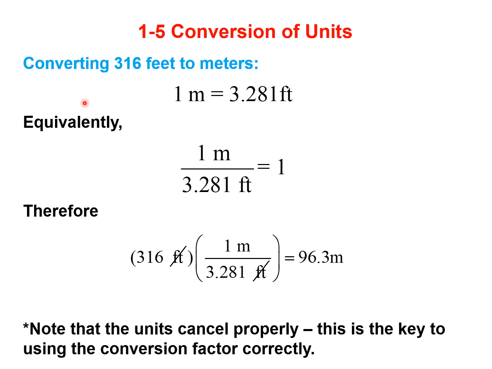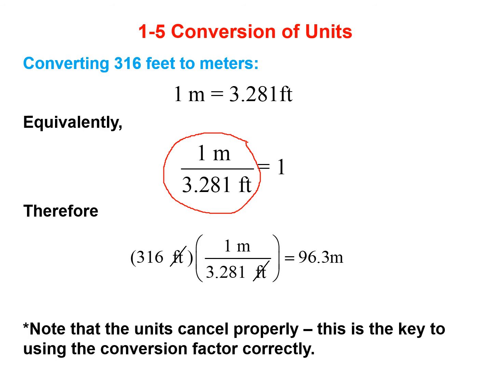Okay, so if the question asks you to convert 316 feet to meters, 1 meter is equivalent to 3.281 feet, and of course we should get these conversions earlier, so that we know how to convert 316 feet.